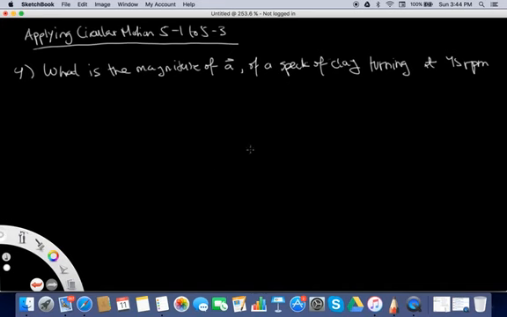If the wheel's diameter is 35 centimeters. All right, so what is the magnitude of acceleration of a speck of clay turning at 45 revolutions per minute if the wheel's diameter is 35 centimeters?